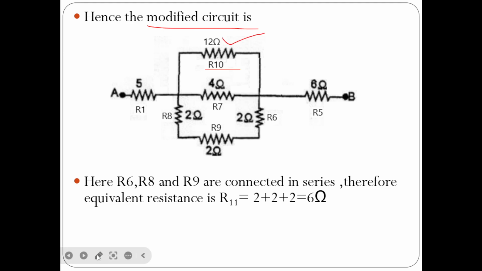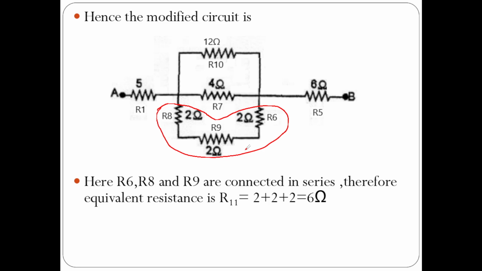Now if you observe here R8, R9 and R6, these 3 resistors are also connected in series. Therefore the equivalent resistance of these 3 is 2 plus 2 plus 2. Since they are connected in series, simply add the resistance values and you will get 6 ohms.